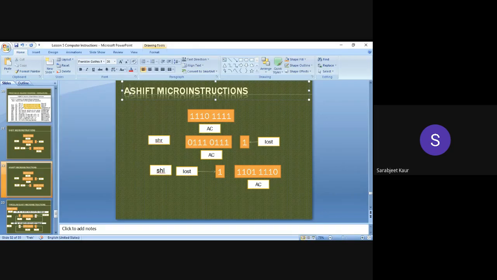Now please see, in the arithmetic shift micro instruction, what happens is we don't shift the leftmost bit. This entire operation is depicted by ASHR and ASHL, that means arithmetic shift right and arithmetic shift left. The only difference is that this time we treat this bit to be the sign bit, and therefore we don't touch it.